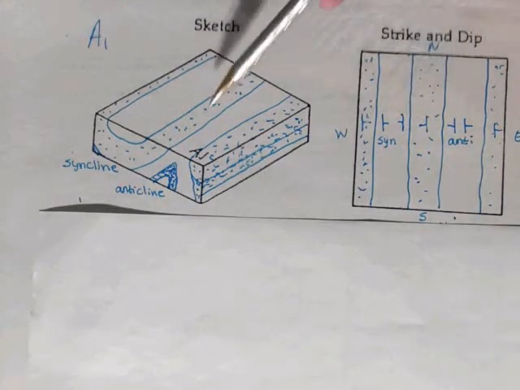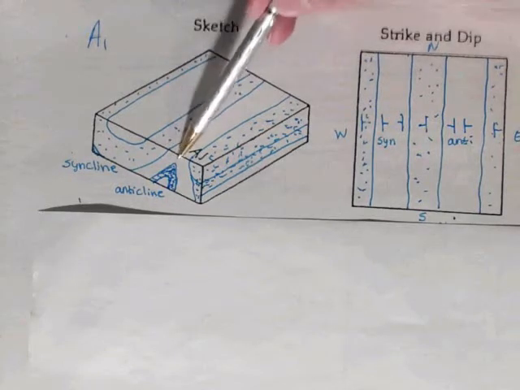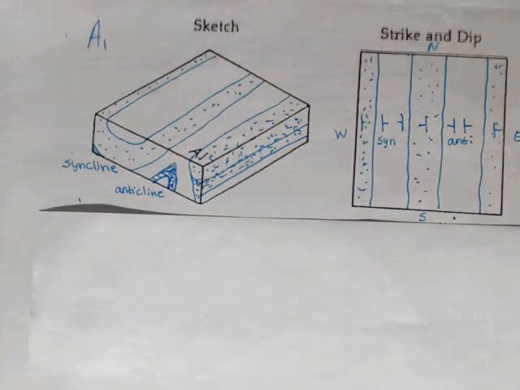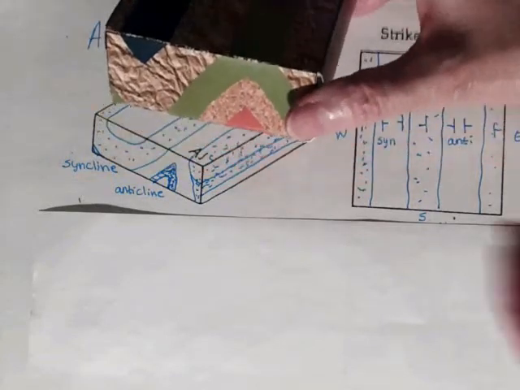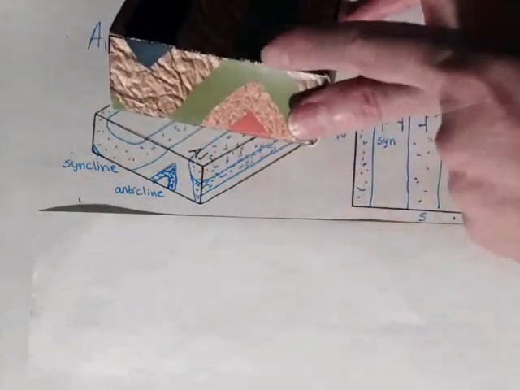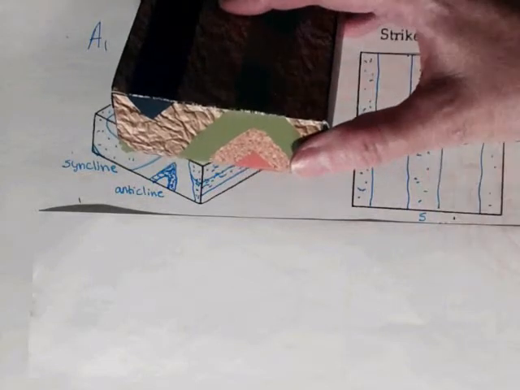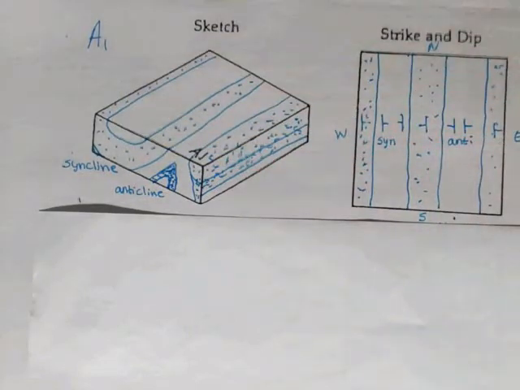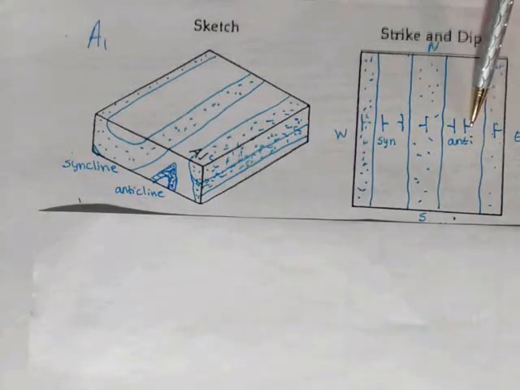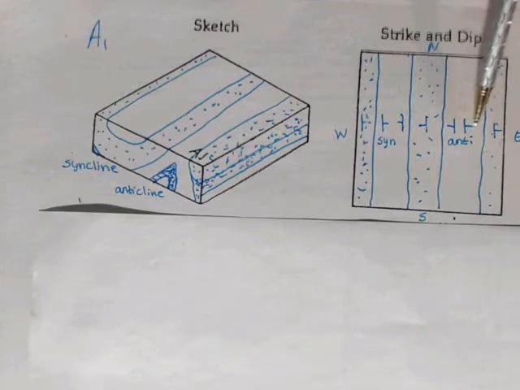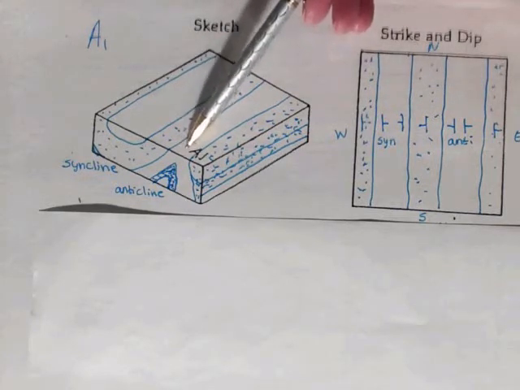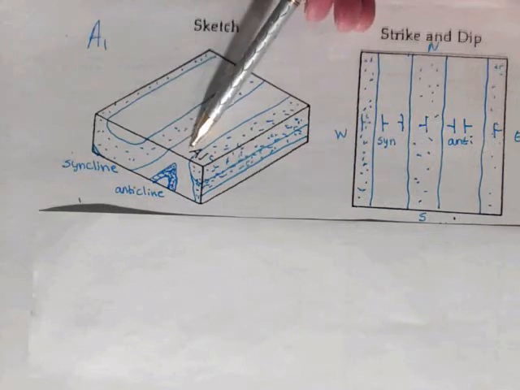Then the next layer over, we are at the top of that anticline. So if I put in my other box here, right up here on that layer, notice how we have two strikes, and then the dips are going away from each other, opposite of each other. That's signifying that we are at the apex of this arch, the top of the arch.